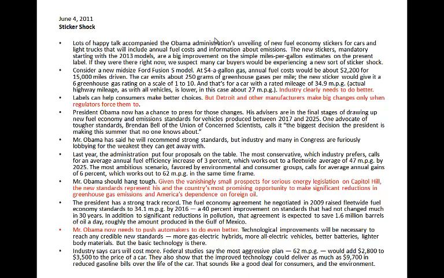I've identified two objections. The first is that, with current technology, it's going to be difficult to achieve these kinds of things. And second, that cars will end up costing more if these new standards are put in place. These would count as two objections, and in fairness again to the editorial writers, they attempt to respond to those two objections.